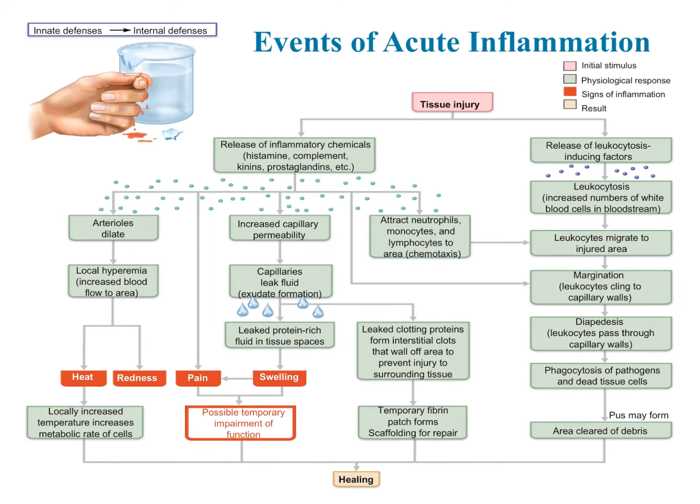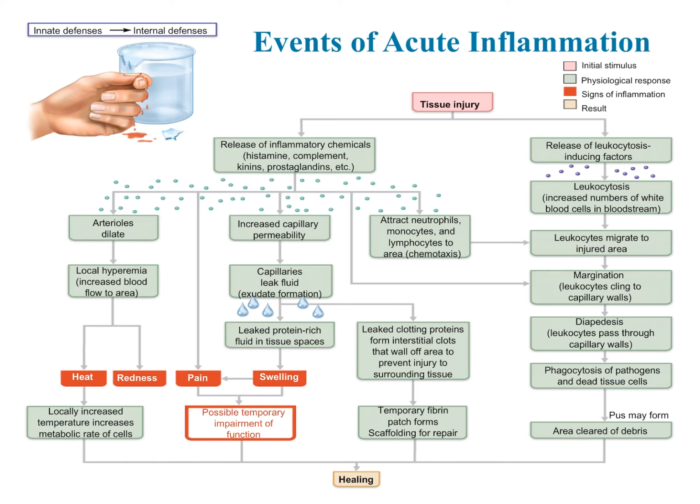I've included this flow chart here, which is a diagrammatic representation of all of the events that occur as a result of tissue injury and lead to our cardinal signs of inflammation and its healing effects.